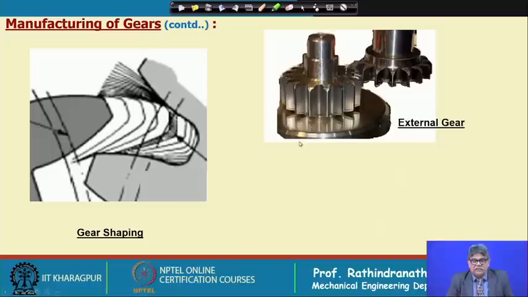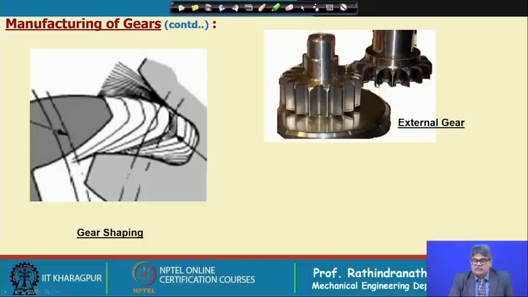Okay. Now, if we look into the generating process, this is the cutter and this is the teeth being cut. The cutter moves up and down as well as rotates in relation to this gear. That means, suppose the cutter has 20 teeth and it is cutting 40 teeth.